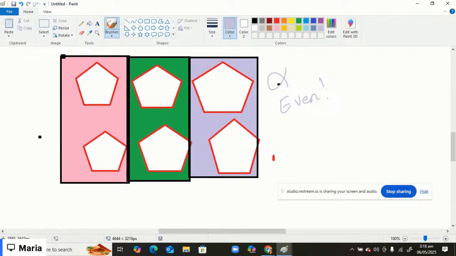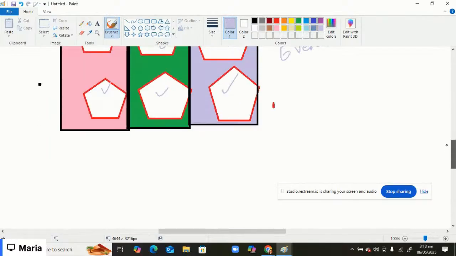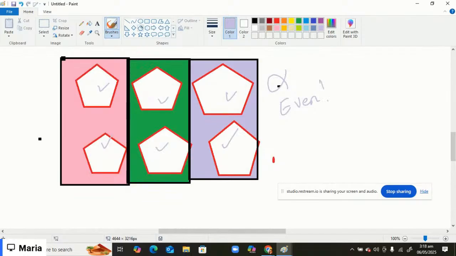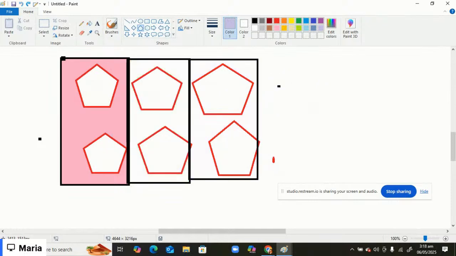Okay. If there is no shape left, we can say that this is even, because these two pairs, these two pairs, these two pairs, all these are in the form of pairs. So no one is left. So this is even. But let's suppose here is something left, this one.